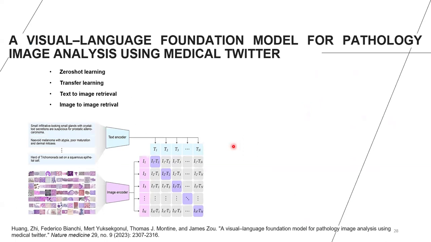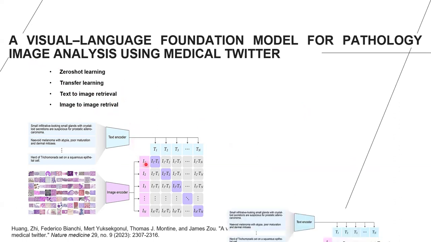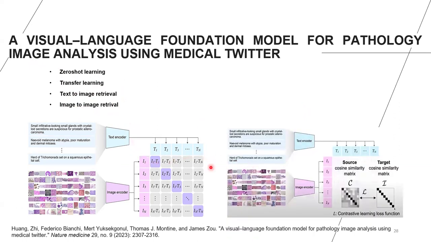So, a visual language foundation model for pathology images using medical Twitter. It supports zero-shot learning, transfer learning, text-to-image retrieval, and image-to-image retrieval. Basically, we have text, we pass it to the text encoder, and it will find the text embedding.